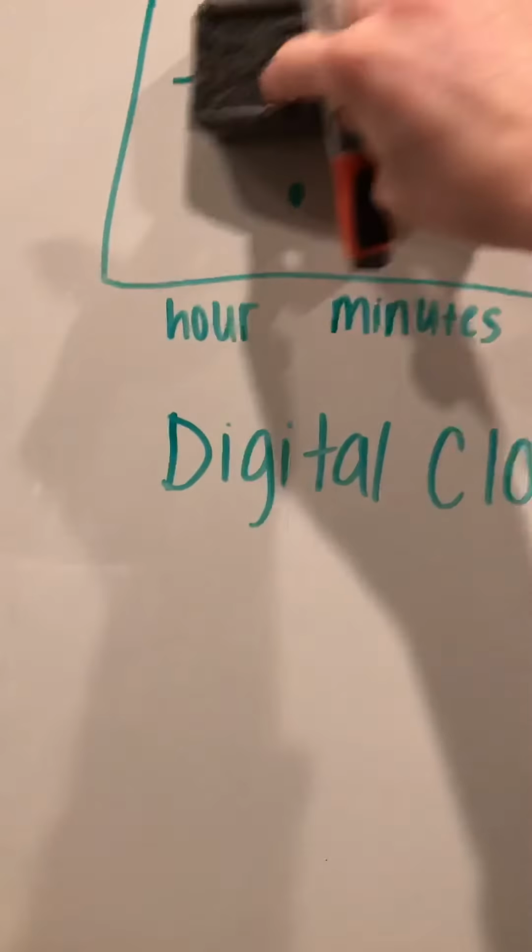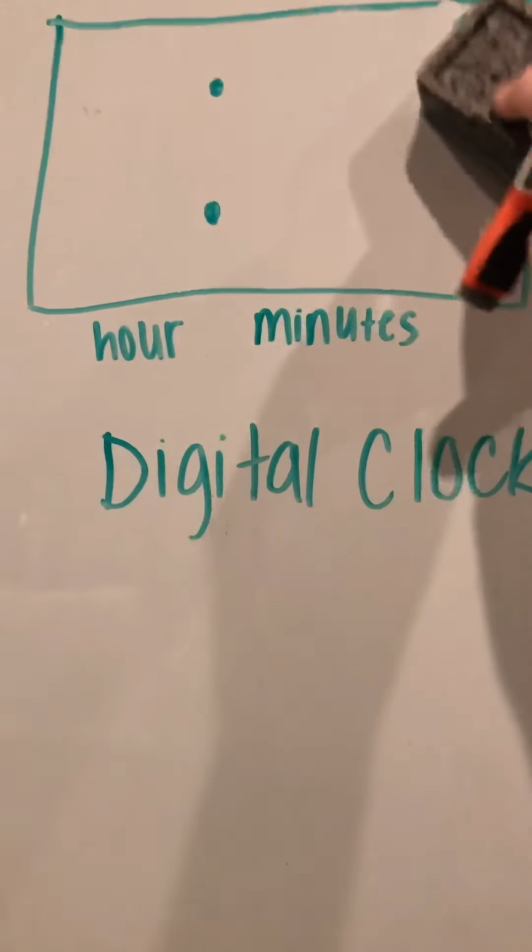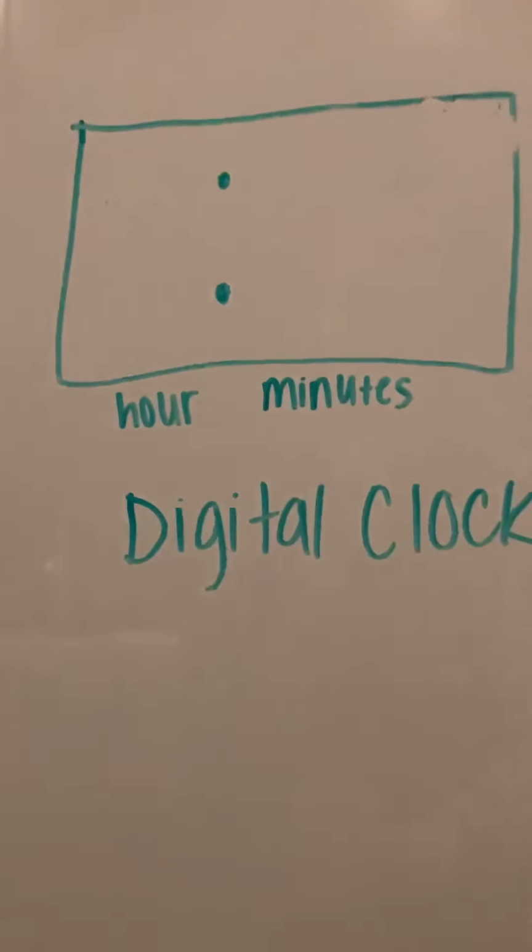Now, what I would like to challenge you guys to do, I'm going to write some times on the board, and I want you to practice drawing them on your analog clock. So we'll draw our analog clock together. Here's our analog clock.